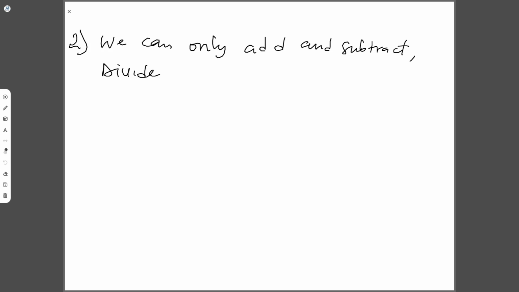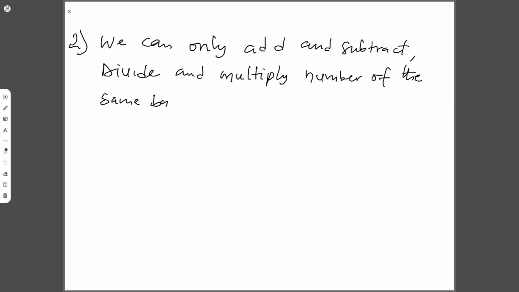We can only add and subtract, also divide and multiply, numbers of the same base.